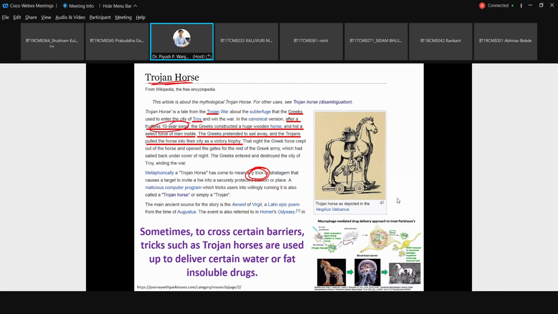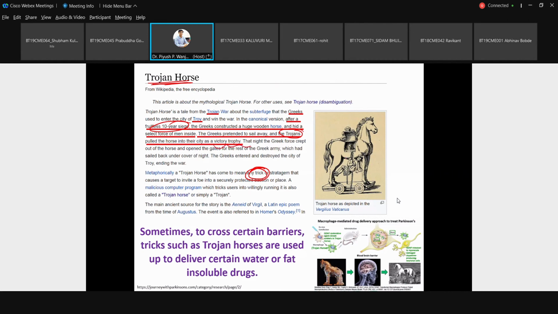So finally the Greeks pretended. They constructed a huge wooden horse, and they had some of their people within the horse. They pretended to the Trojans that they had accepted their defeat, and that the Trojans should just take this horse as the victory trophy.